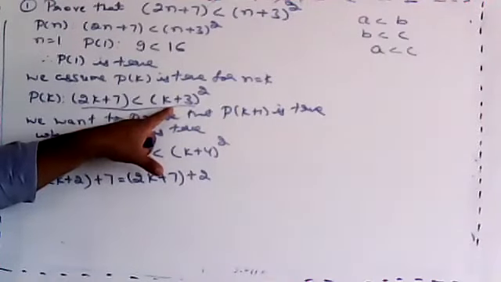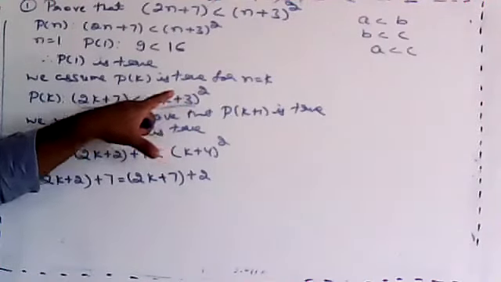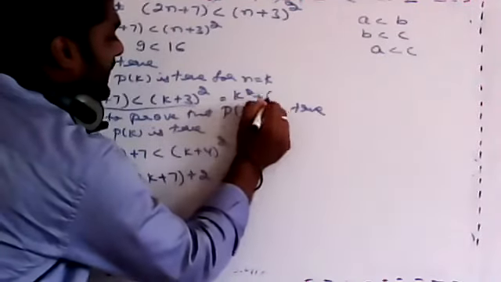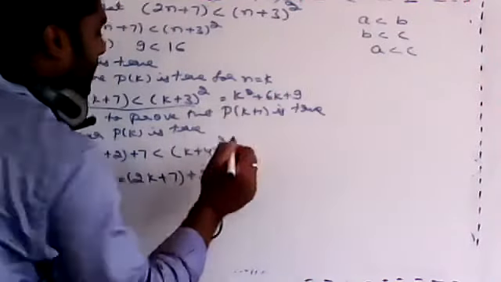Why? Because we know that 2k plus 7 is less than (k plus 3) the whole square, which is nothing but k square plus 6k plus 9. Clear or not, this one step? Any doubt on this step?